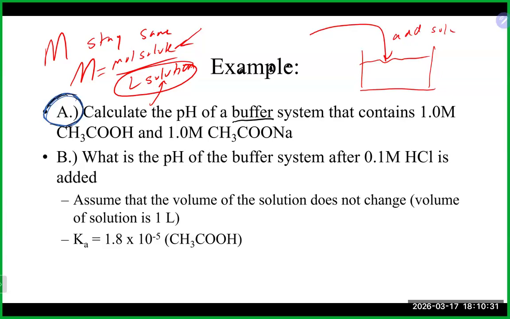Once you do the first ice table in moles, then you should convert it back to molarity using the total volume of whatever you added. Very similar to doing an M1 V1 equals M2 V2 type of calculation, right? We kind of divide by the total volume of everybody together at the end. And that's a similar sort of situation here. So let's take a look at how we would approach part B, which is, again, we're using the exact same buffer there. We got our 1 molar acetic acid.